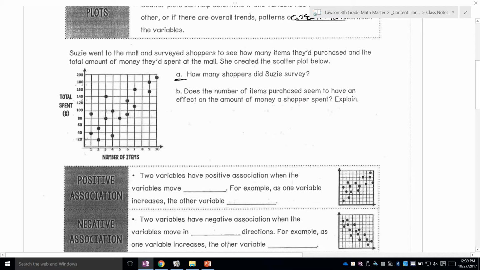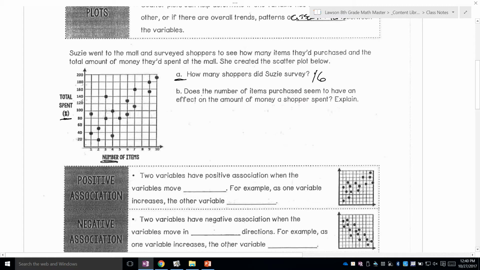Because each dot represents the number of items that the person bought and the total amount of money that the person spent. So each of these dots is going to represent a person. So we're going to count those. 1, 2, 3, 4, 5, 6, 7, 8, 9, 10, 11, 12, 13, 14, 15, 16. So Susie surveyed 16 shoppers.